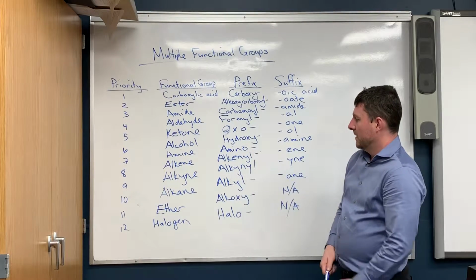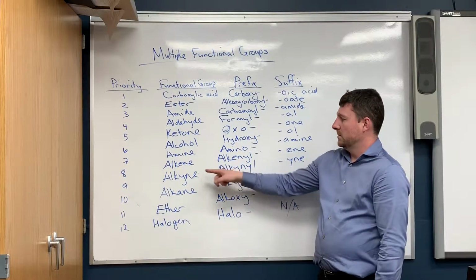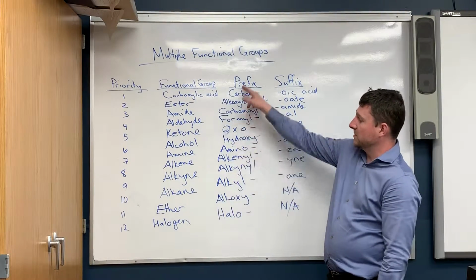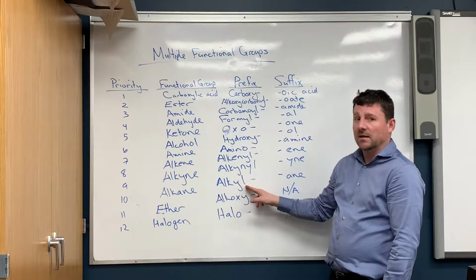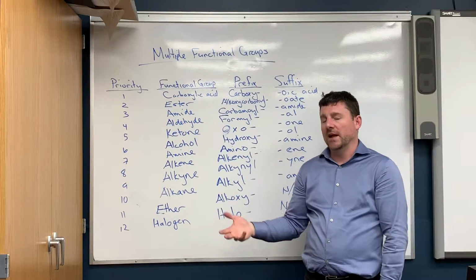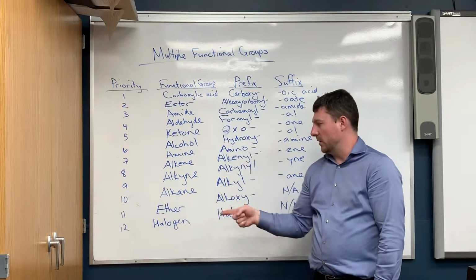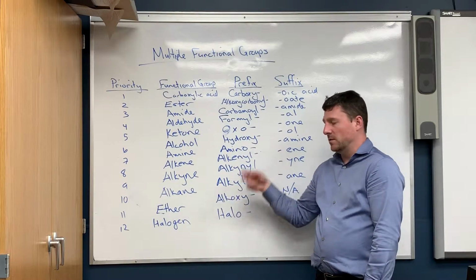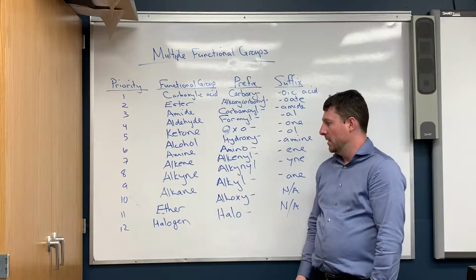So for alkene and alkyne, right? So notice the prefix for alkanes is alkyl, right? Well, we already know what that means, right? If we have a side branch that's 1 carbon long, we call it methyl, right? Or ethyl for 2, or propyl for 3, right?